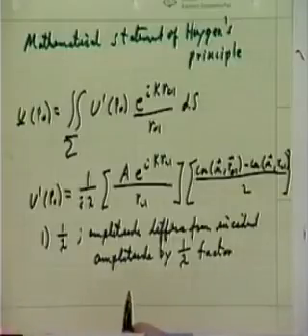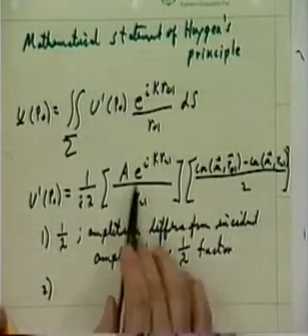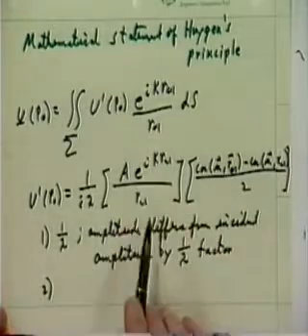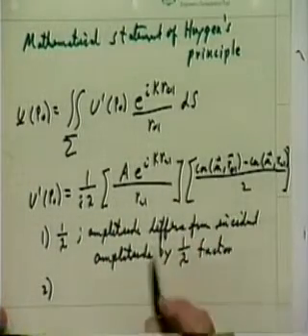A second difference is that the amplitude of these spherical waves is reduced by this cosine factor.